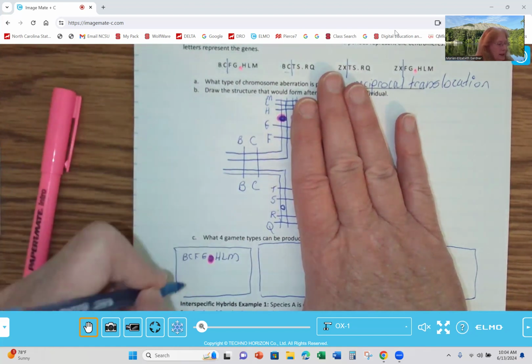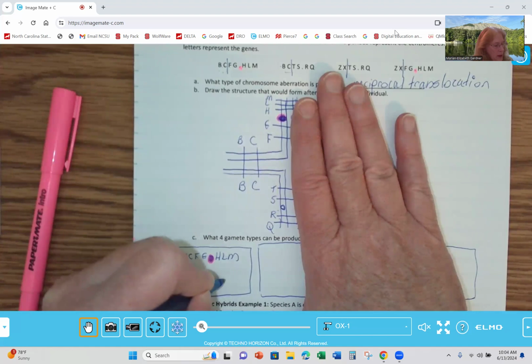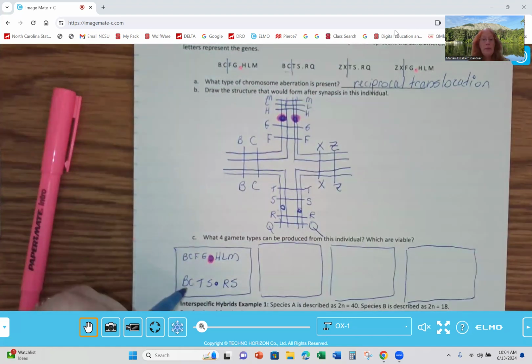And then the other is B, C, T, S, blue centromere, R, S. That's not viable because we have two copies of BC and then we're missing X and Z.